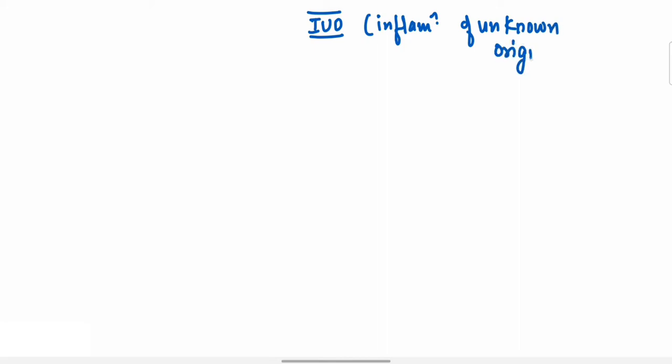Now, one more term we should learn about is IUO. IUO is inflammation of unknown origin. The definition is exactly similar to PUO, except that in PUO, the first criterion is fever.